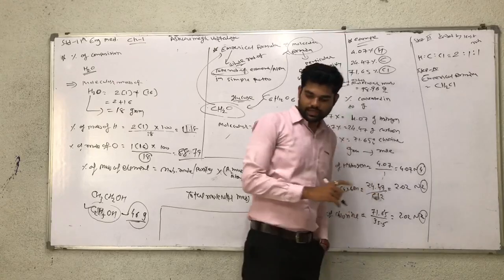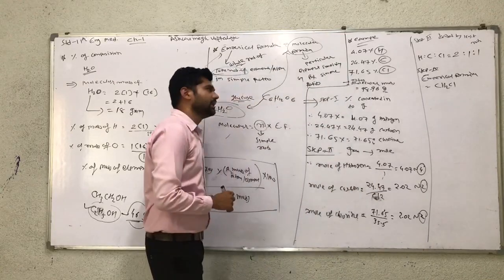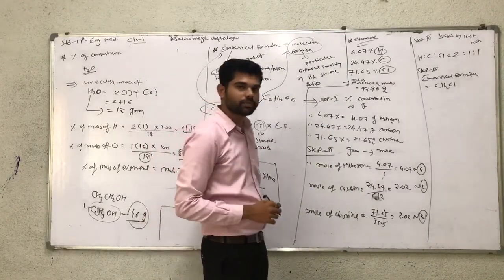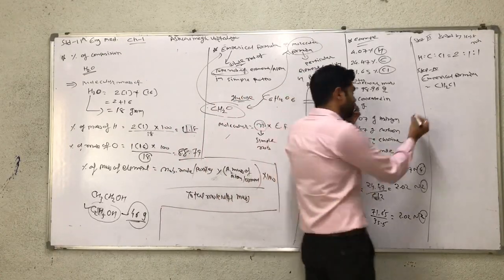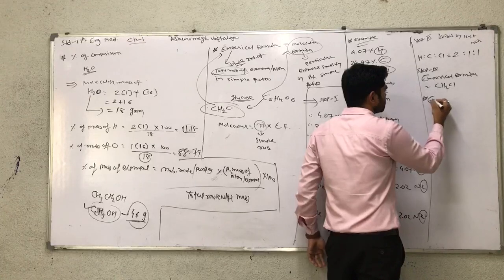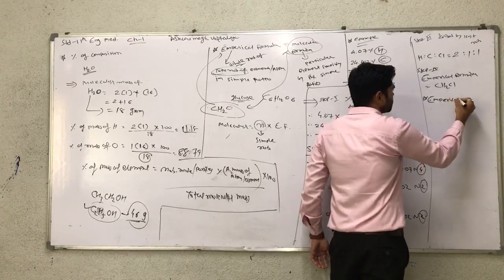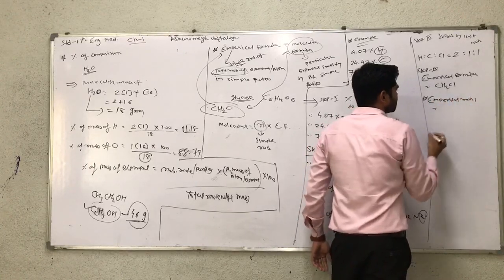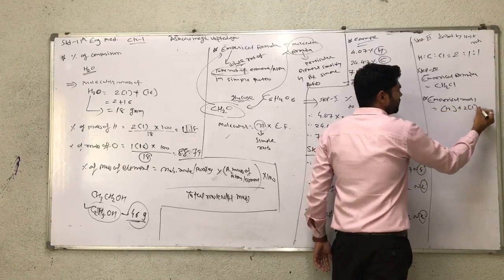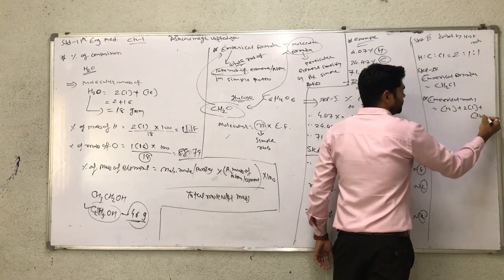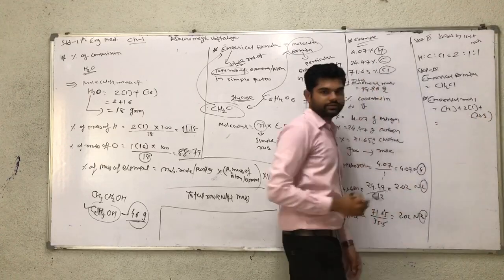So CH2Cl is the empirical formula. After the empirical formula, you find the empirical mass. Empirical mass is equal to carbon 12 plus hydrogen 2 plus 1 Cl, 35.5.